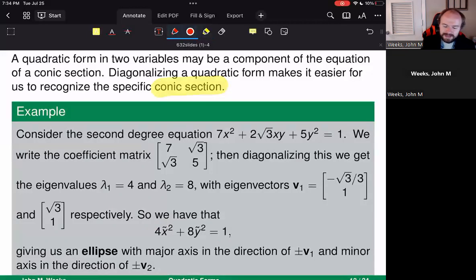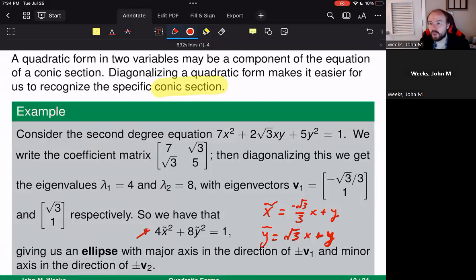If we use x tilde squared and y tilde squared, with x tilde being negative square root of 3 over 3 x plus y, and y tilde being square root of 3 x plus y, then we get this equation right here, which we may remember as an ellipse, with a major axis in the direction of the first eigenvector v1, and a minor axis in the direction of v2.